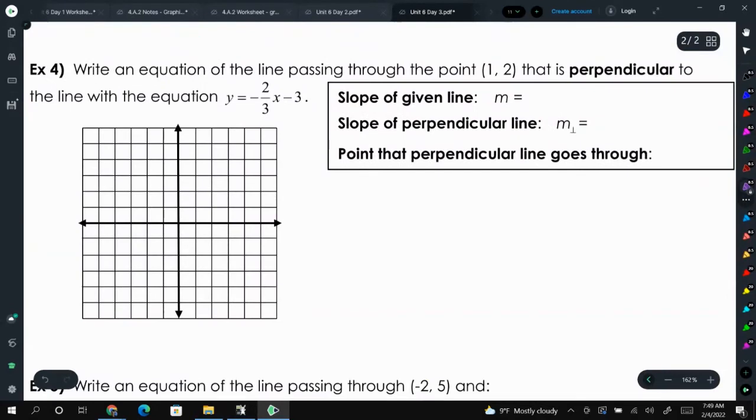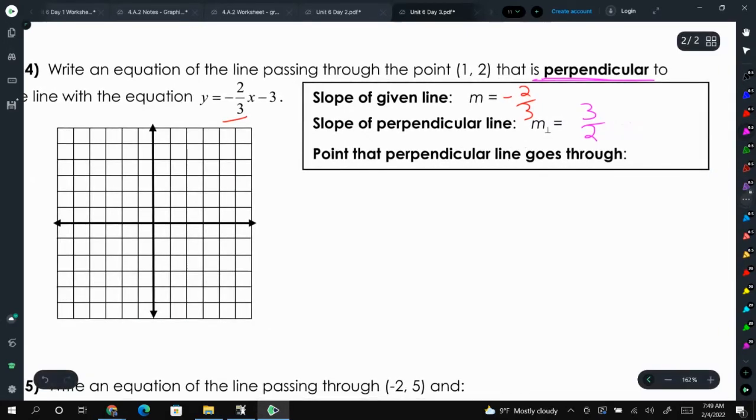So on this page, same thing, but we want perpendicular. The slope that we're already given is negative 2 over 3. So the perpendicular slope to that will be positive 3 over 2. We take 2 over 3, we flip it, and we change the sign from negative to positive. And then the point is going to be 1 comma 2.